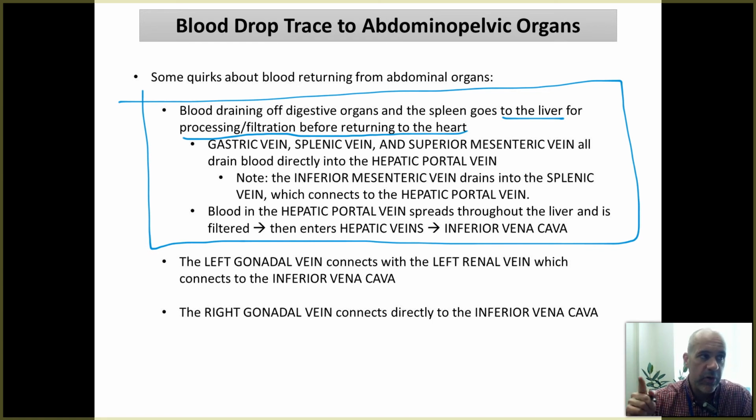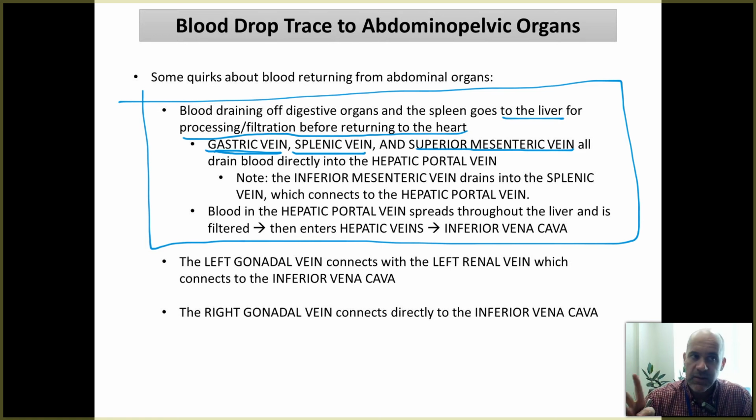Deoxygenated blood that is returning from the stomach is going to pass through the gastric vein. Deoxygenated blood coming back from the spleen will travel through the splenic vein. Then you have a superior mesenteric vein that contains deoxygenated blood that's draining off of most of the intestinal tract.